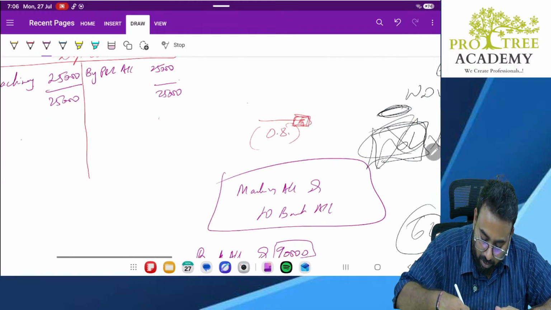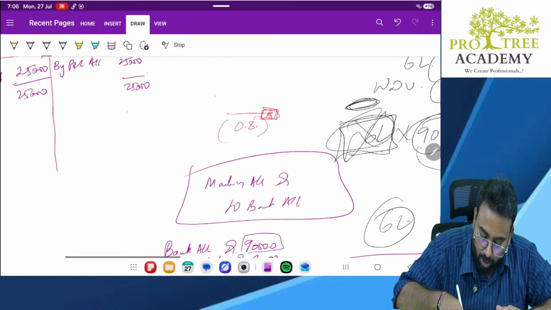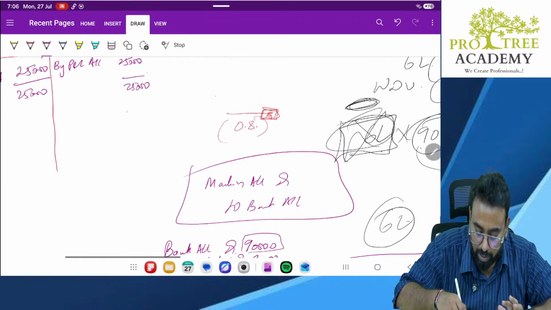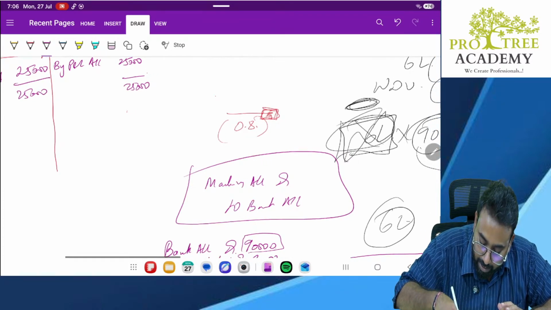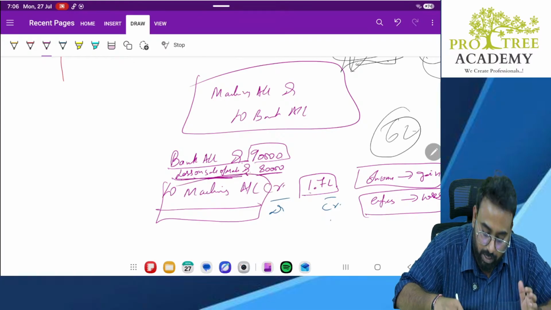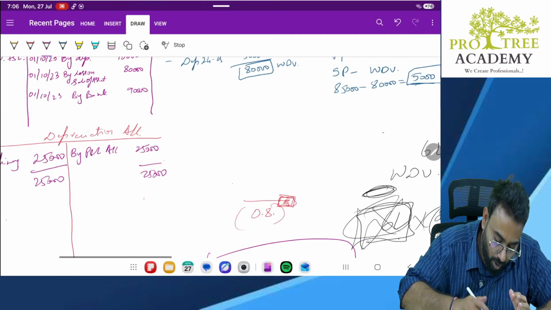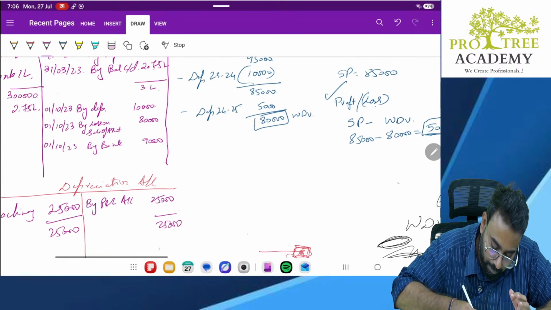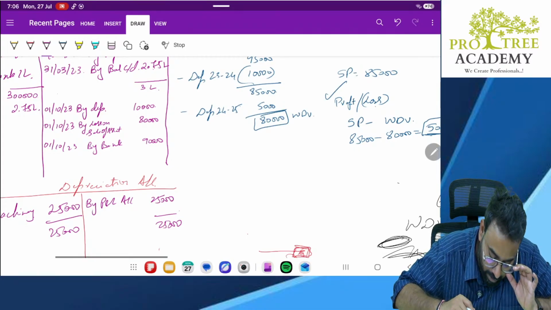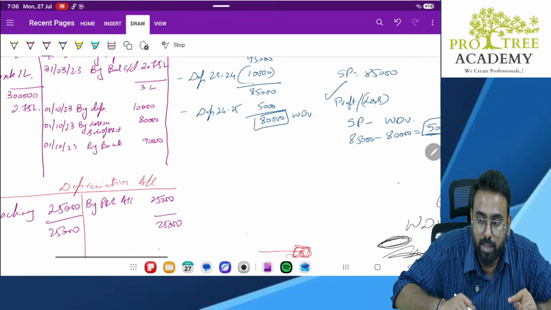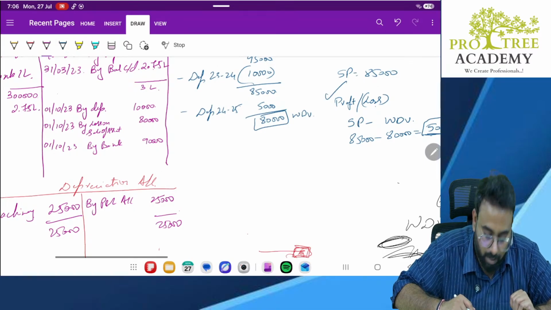See, this entry I have recorded here. Bank account debit, loss on sale of asset debit, to machinery account, correct? Machinery account is getting credited, so we will start on the credit side. So on the credit side, it will be by bank and by loss on sale of asset. Am I clear? Everybody, is it clear? Any doubts in this?